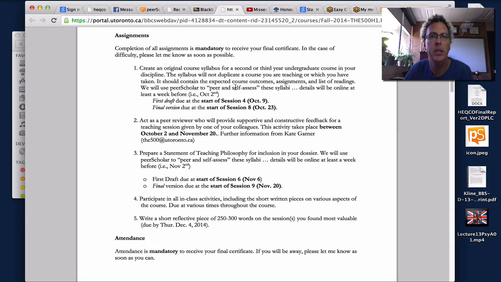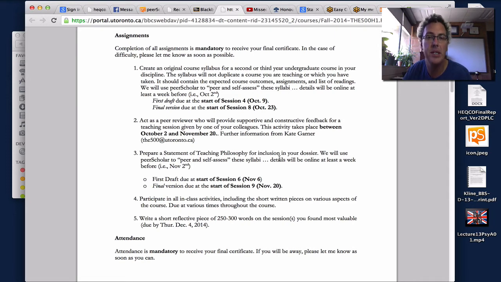We're going to be creating and revising a syllabus. You are going to be both giving a practice teaching session at some point and peer assessing the practice sessions of others. You are going to prepare a statement of teaching philosophy, and just like the syllabus, we will have both a draft version and then a revision of that.